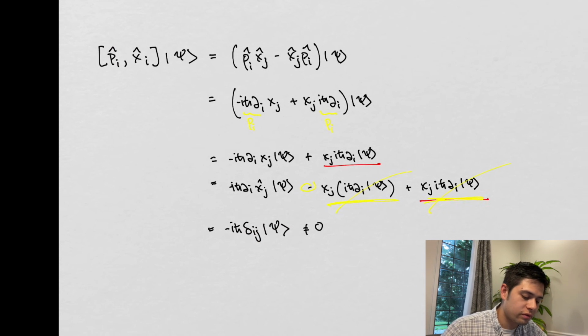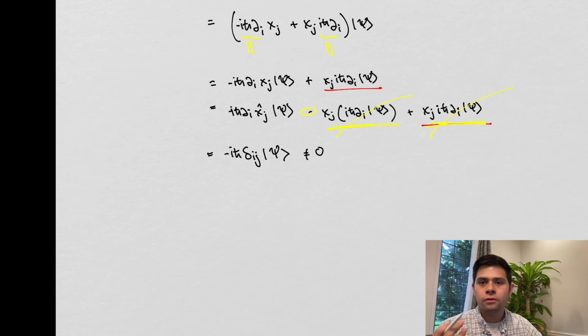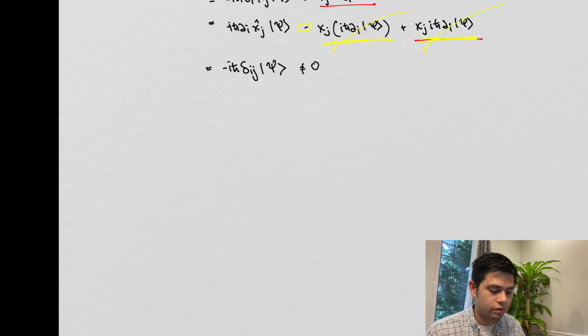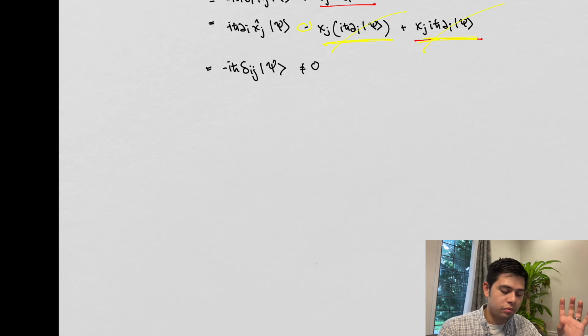Just like we've seen with those matrices, the two operating matrices that we took as an example, they did not commute. This is all to say, and this is the mantra in quantum mechanics, that you cannot know the position and the momentum of a system to arbitrary precision at the same time.